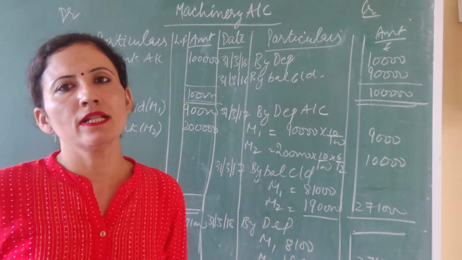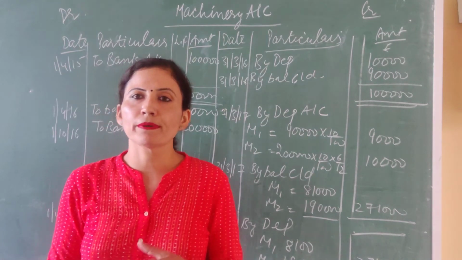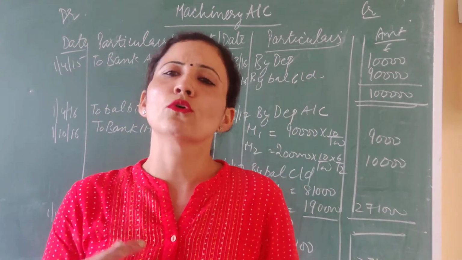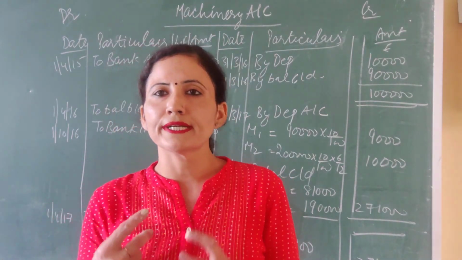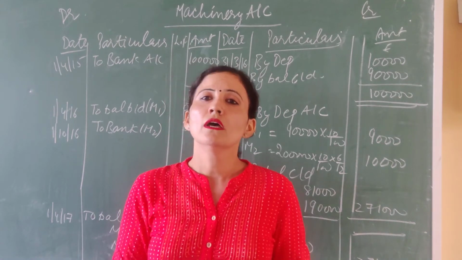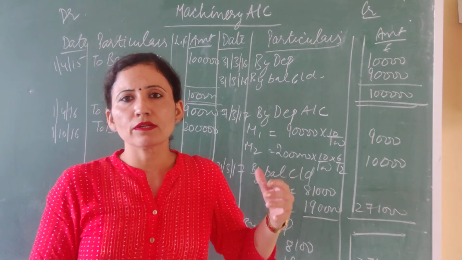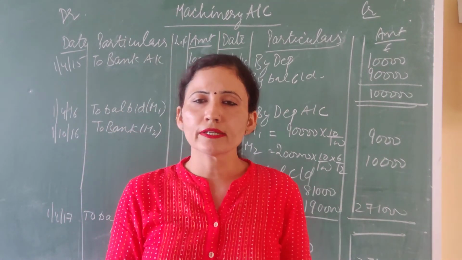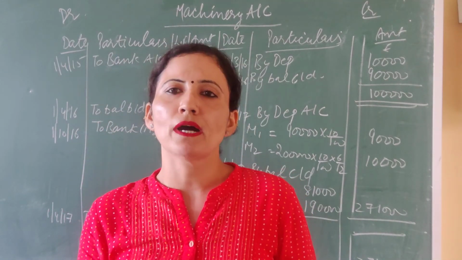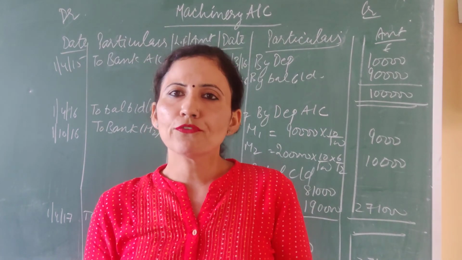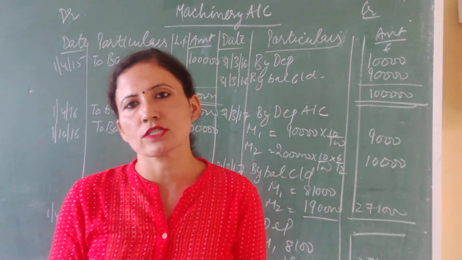It would be 19,000. So whether you are going to prepare 2 years, 3 years, 4 years or more than this, you have to know the criteria to split your machinery in the carried down details. So this is very important because it would be helpful at the time of sale of machinery, which will be the part of the next video. So if you have any queries, any doubt, you can text me. Right?